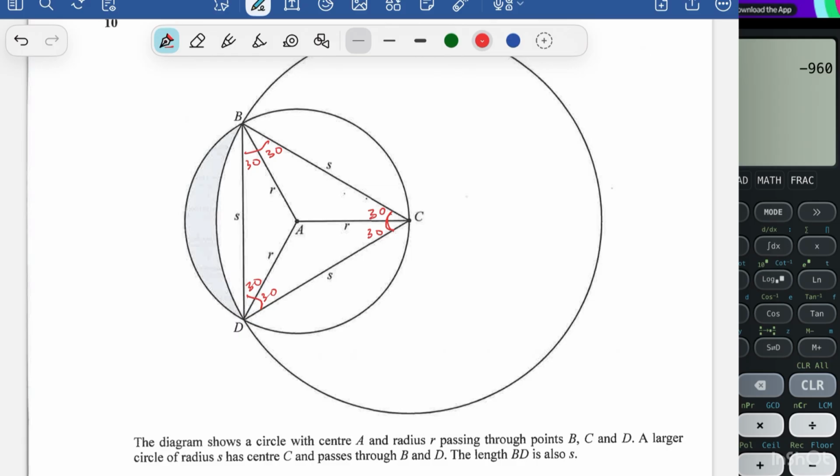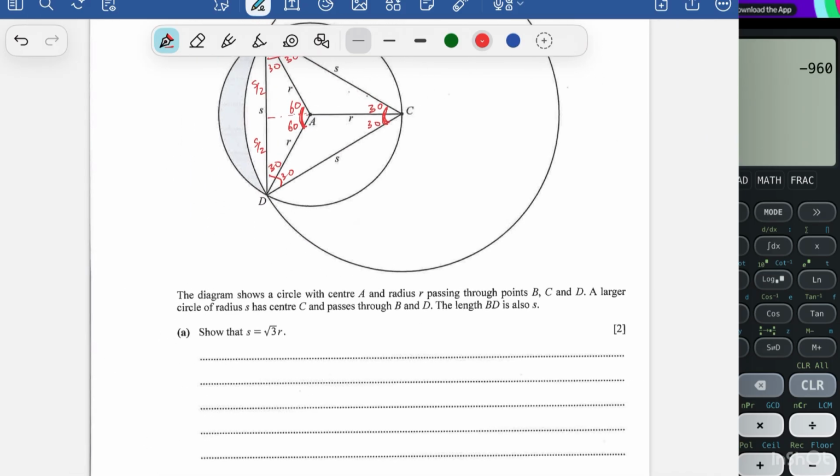So we can use this triangle ABD. So this is S by 2. This is S by 2. Okay. And we know from circle theorems, 60, this is 120, right? So this is 120. So if I divide, this is 60, this is 60. So I think that's clear, right?